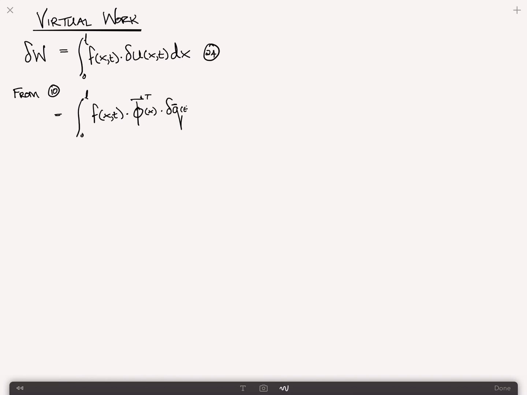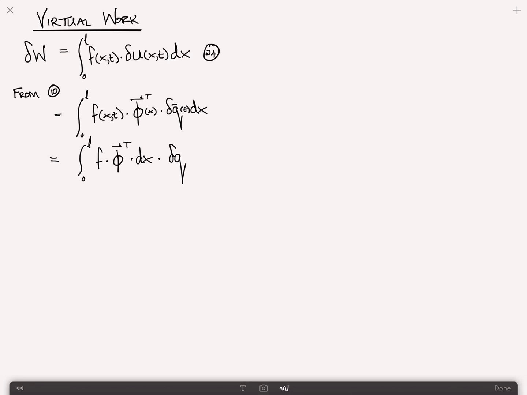Del q is a function of t, dx. Now obviously we can take the del q outside since it's a function of time only, and rewrite this as the integral 0 to L of f. I'm going to drop the x and t just for shorthand now, times phi transpose times dx times del q.